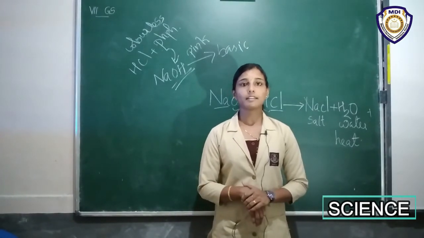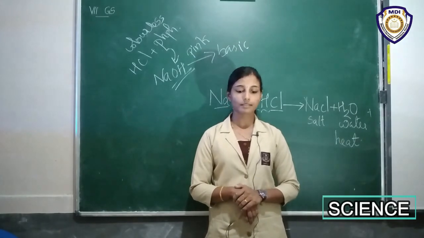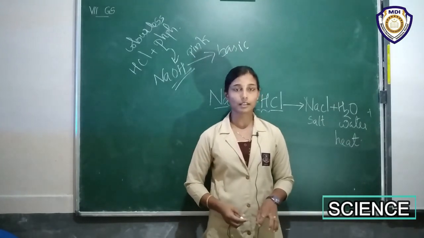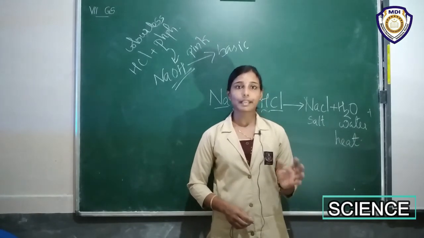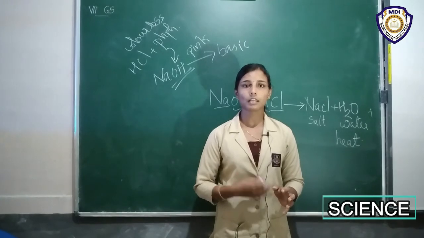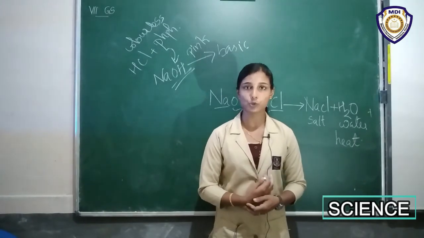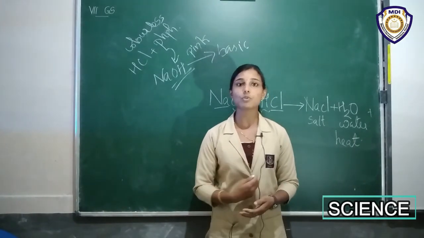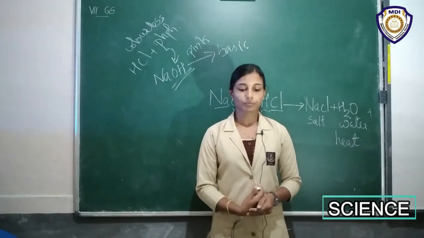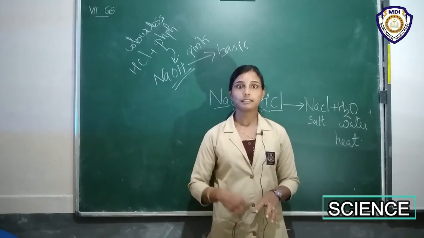We can wind up today's class, and a small portion is remaining in this chapter. You should read the textbooks thoroughly and make the concepts clear to you. If you have any doubts, you can ask me anytime, right? We will complete this chapter in the next class.